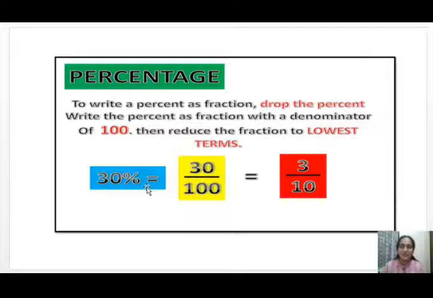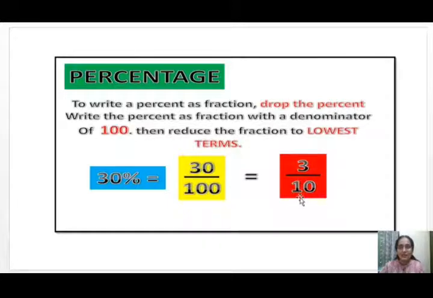How will the percent be converted to fraction is the next question. How will you convert the given percent to fraction? It's very easy. You know already that 30% is 30 by 100. This percent symbol gives us the information that the denominator is 100. It means 30 by 100. So 30 by 100, reduce the fraction to the lowest term.